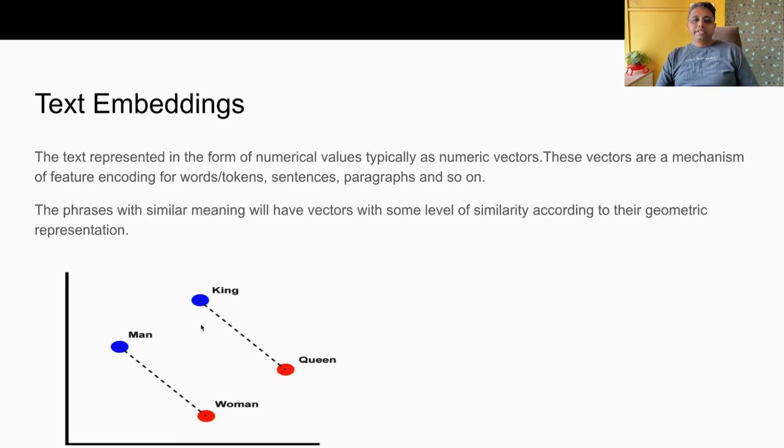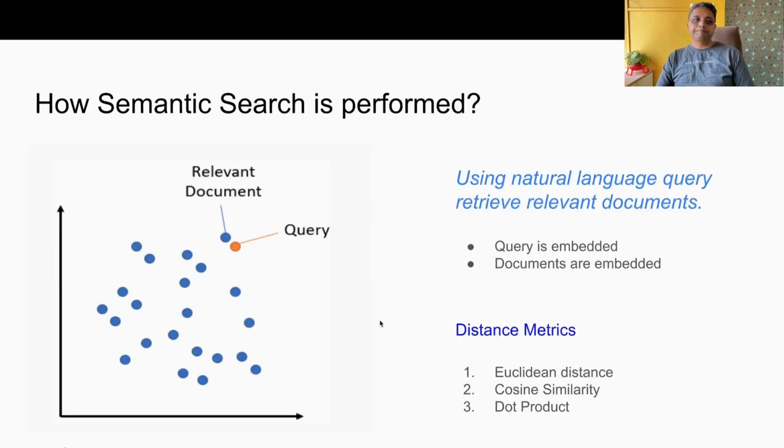In that you would see words are placed in this way. For example, man, king are a bit closer, woman, queen are a bit closer. So that is how the contextual meaning of words can be derived by the distance of these words.